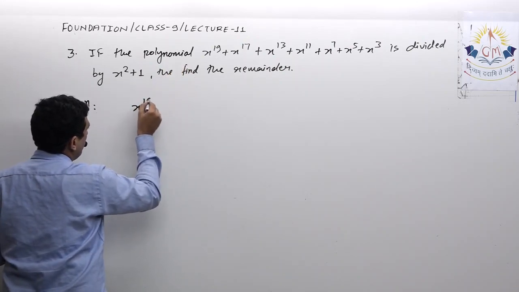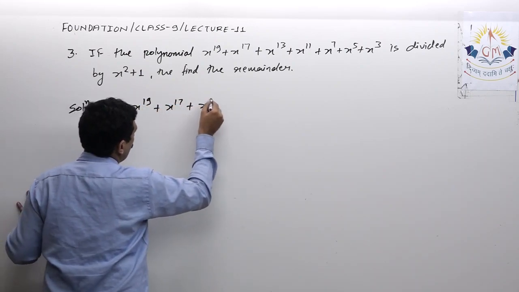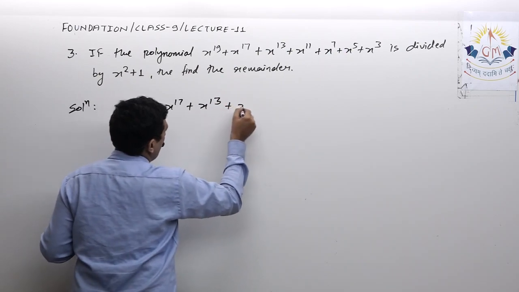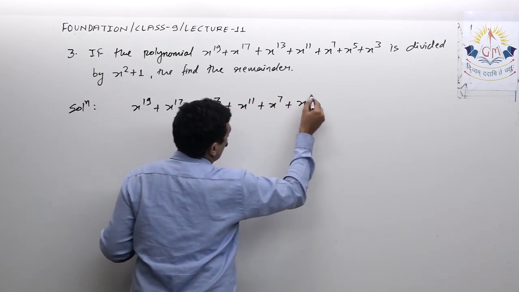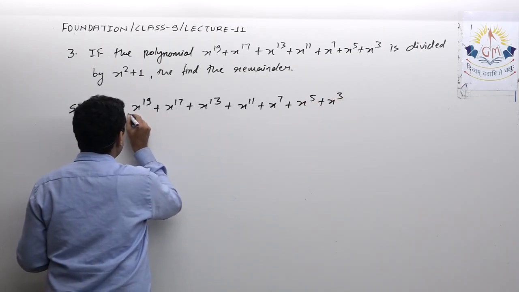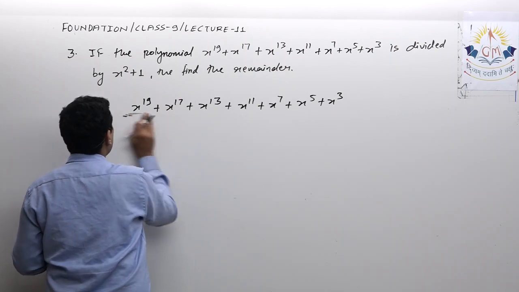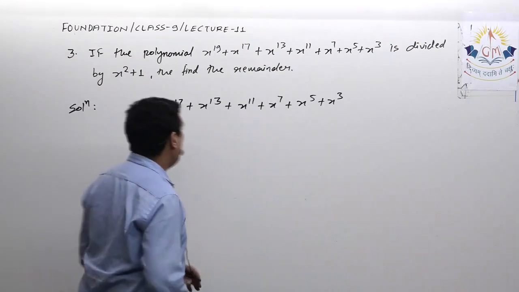We have x raised to 19 plus x raised to 17 plus x raised to 13 plus x raised to 11 plus x raised to 7 plus x raised to 5 plus x cube. Now we have to divide this complete quantity by x square plus 1, and find the remainder.